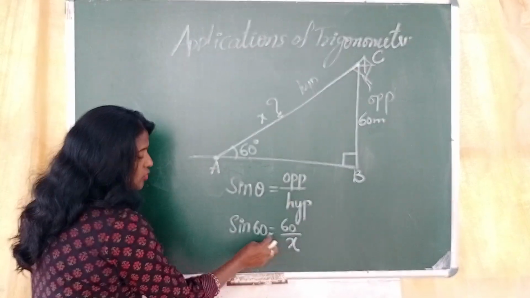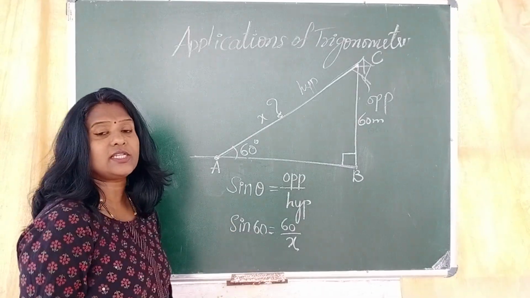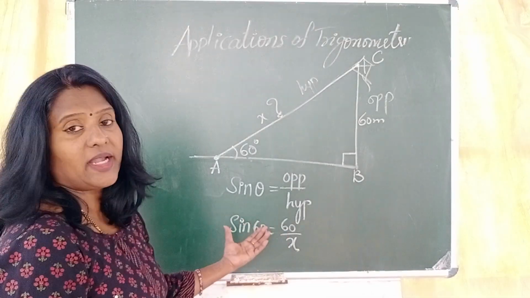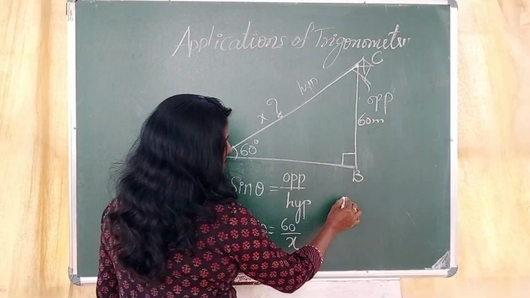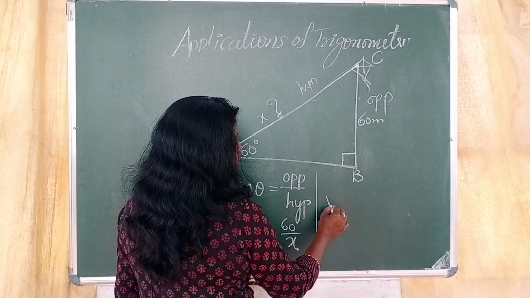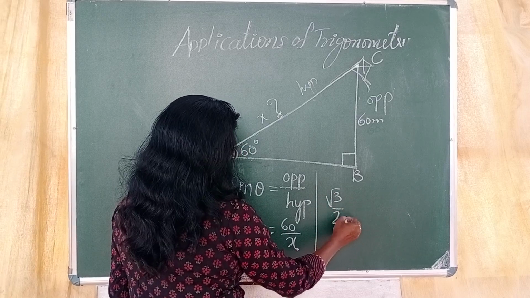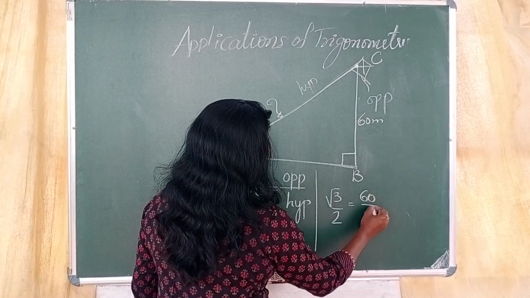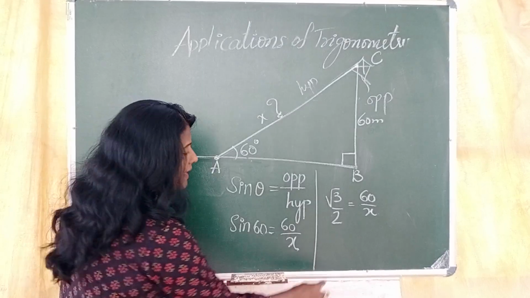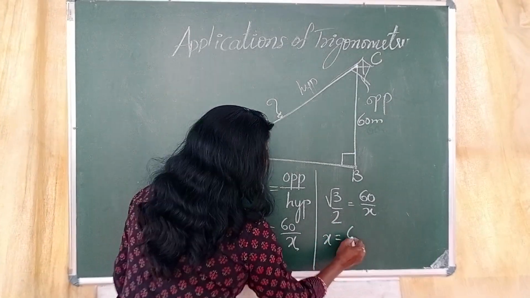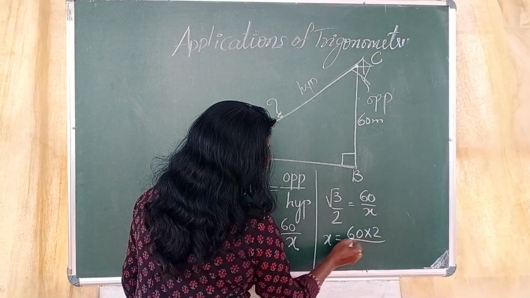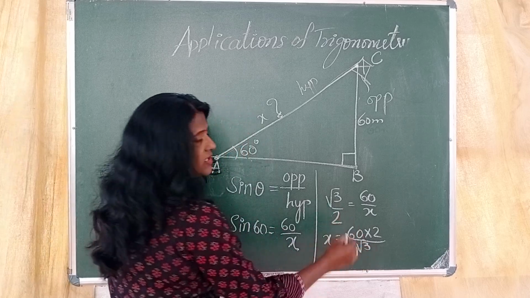Now sin 60 you know already from the trigonometric table. So sin 60 is root 3 by 2, which is equal to 60 by x. Therefore x is equal to 60 into 2, cross multiply, divided by root 3.